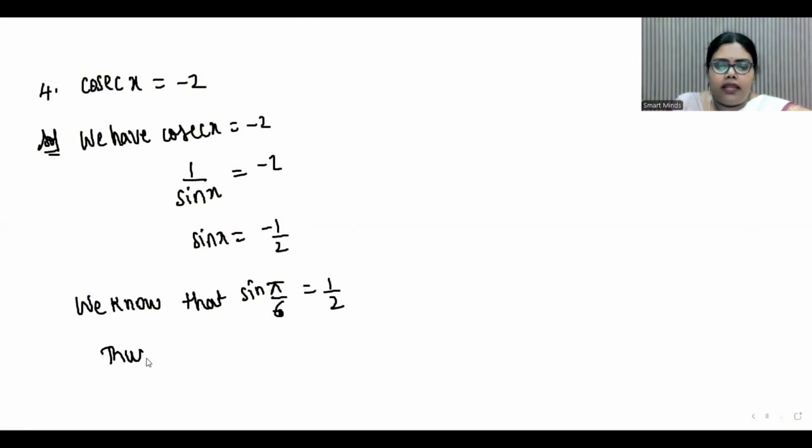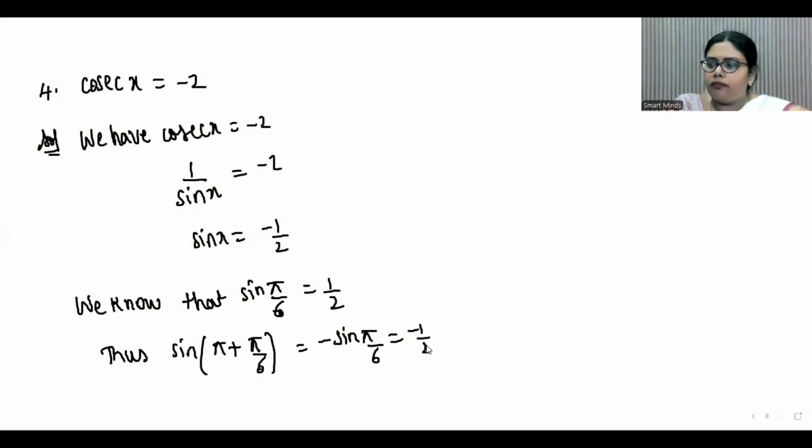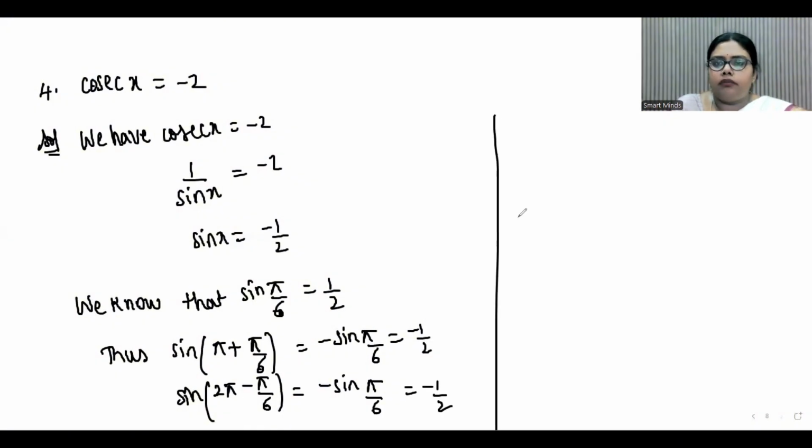So that's why we take sin of 180 plus theta, because 180 plus theta is the third quadrant, and in the third quadrant sine is negative. So sin of pi plus pi by 6 is minus sin pi by 6, that is minus 1 by 2. And also in the fourth quadrant, that is 2 pi minus theta, it is minus sin pi by 6, which is equal to minus 1 by 2.